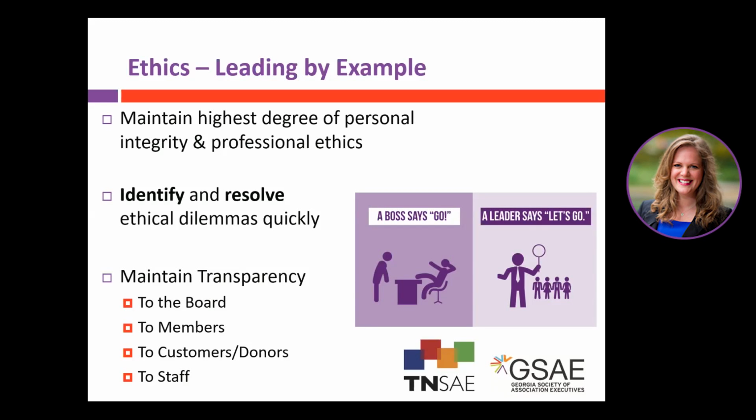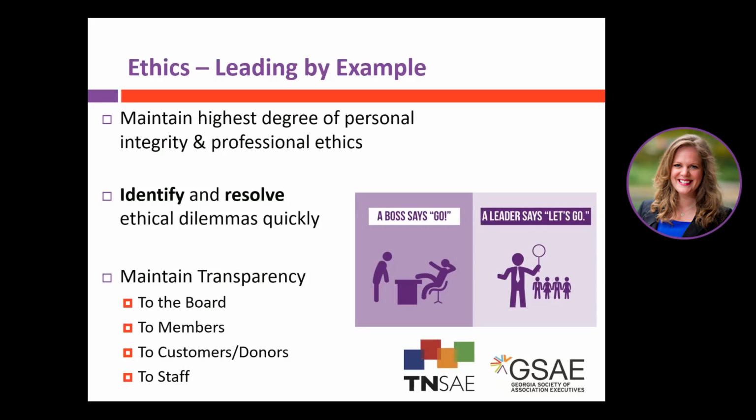And then maintain transparency. It starts with wherever the issue is and flagging it. But you need to be letting your board know if there are these ethical issues, depending on the level of severity. I always say if it could rise to the level of legal, I need to be letting my board know pretty quickly. I wouldn't want them to find out from someone else.